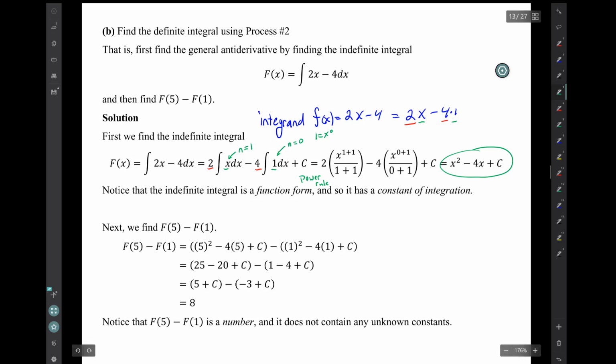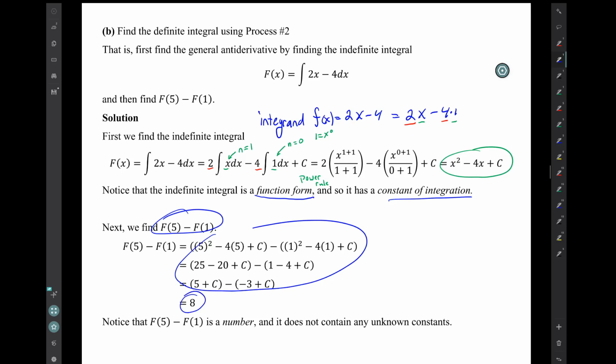Notice that the indefinite integral is a function form, and so it has a constant of integration. Now we find this quantity, capital F parentheses 5 minus capital F parentheses 1. Well, that just involves substituting x equals 5 and x equals 1 into this formula for capital F of x. The result is a bunch of arithmetic that leads to the number 8.